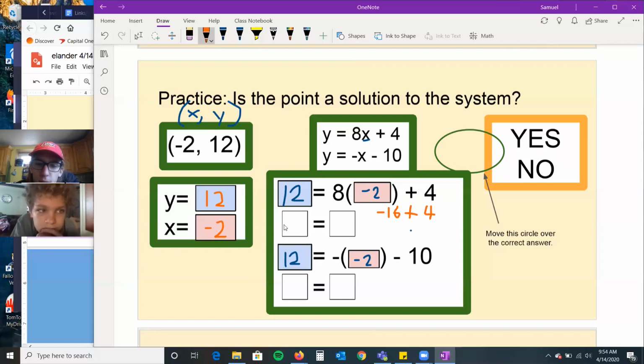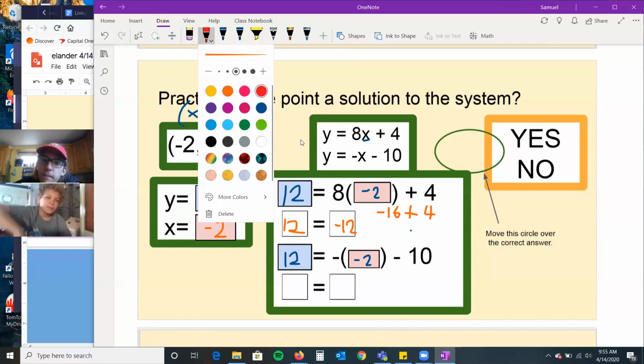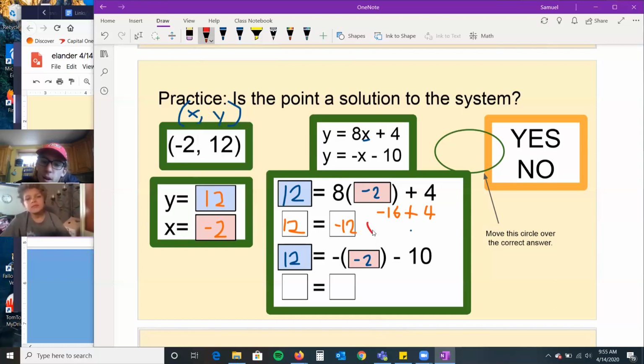So now we have 12 equal to -12. Okay, and that's not looking good, right? So they are both 12s, right? But this one's a -12. It's a different number. So instead of a check mark, we've got a little x here.